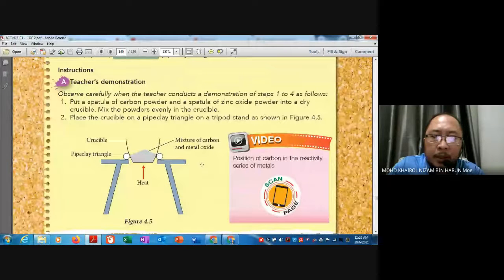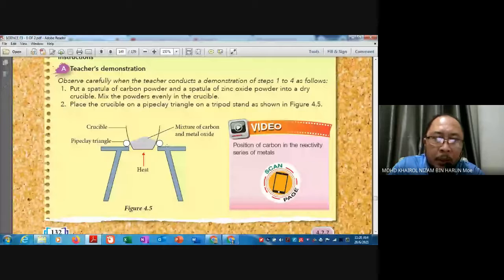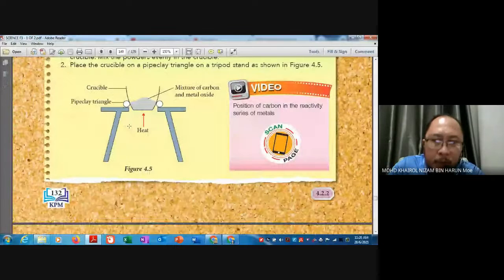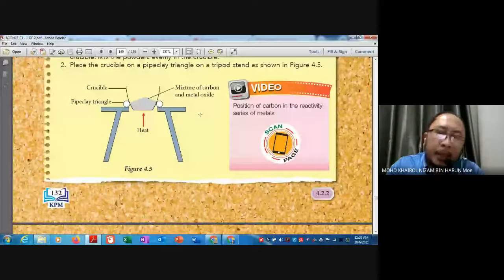Okay, so this is the diagram. When we heat, we want to observe what exactly happens during the heating process. If there is a reaction between carbon and the metal oxide, from here we can conclude which one is reactive and which one is less reactive.